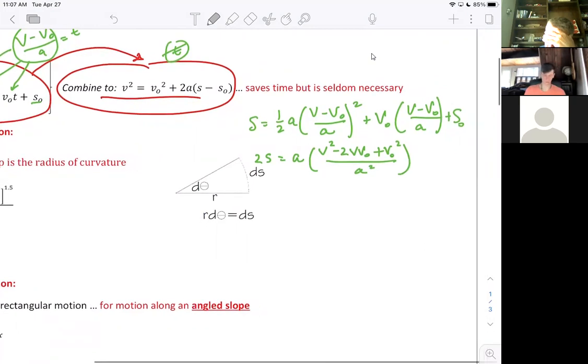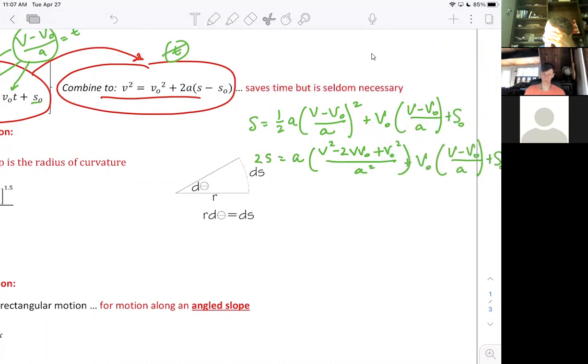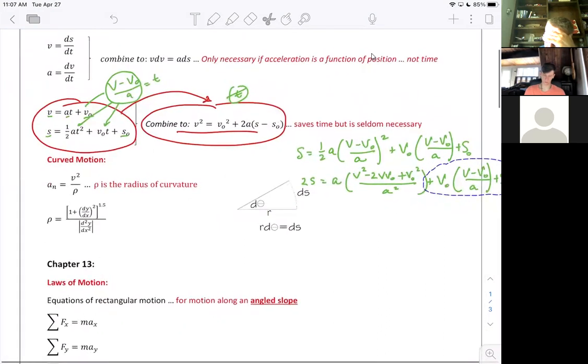And then plus the rest of this. Doesn't really fit there very well. Whatever, let's squeeze it in there. So, okay, does that do us any good?